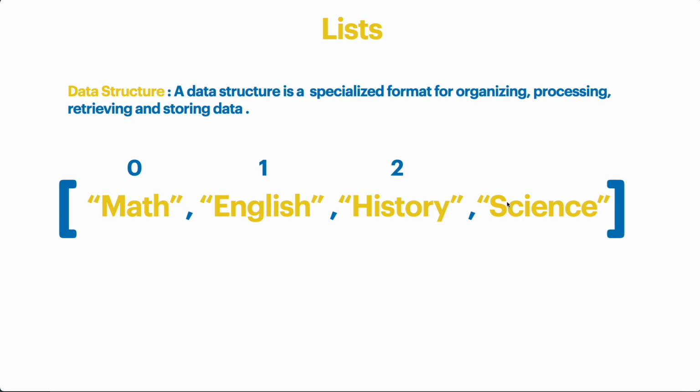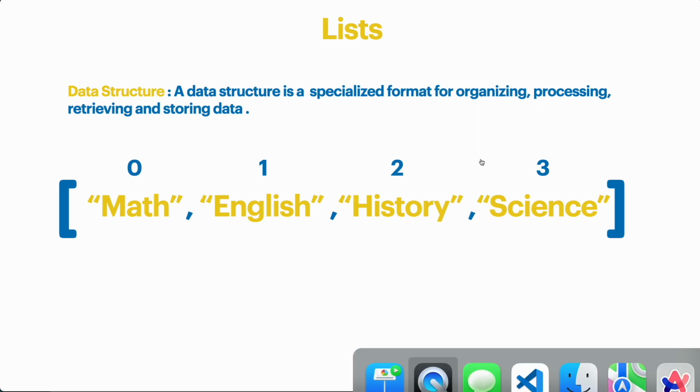And whenever you add an additional piece of data to the end of the list, it's going to get an index, right? And that index is going to be 3 because this is the 4th element of our list and our indexing starts from 0. So as you guys can see, whenever I append something, I just add that value to the end of the list, right? So let's take a look at how that works in Python.